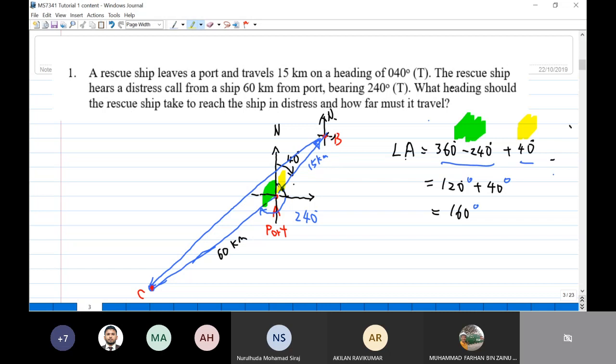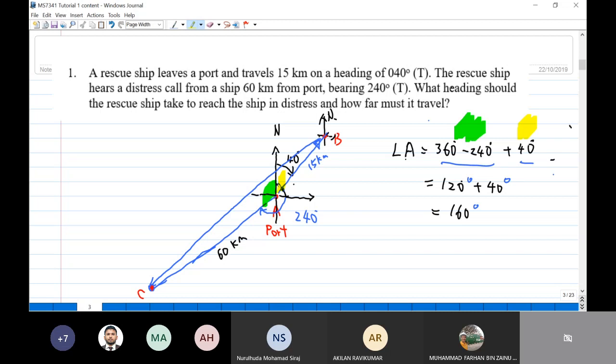So after I construct a triangle really, then I try to find the angles. Usually you begin by using what we know about triangles. Okay, I have 160 for angle A. So then I can find out what is angle B, right?